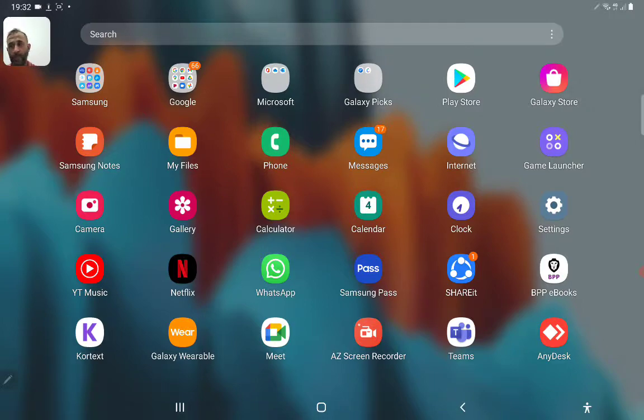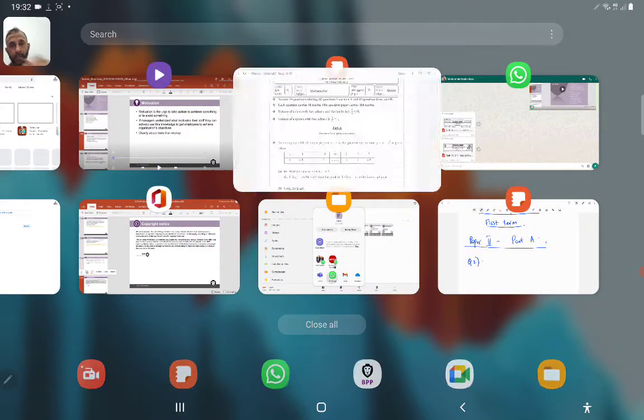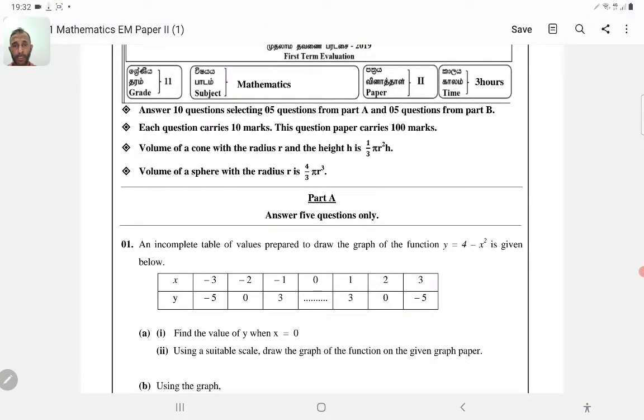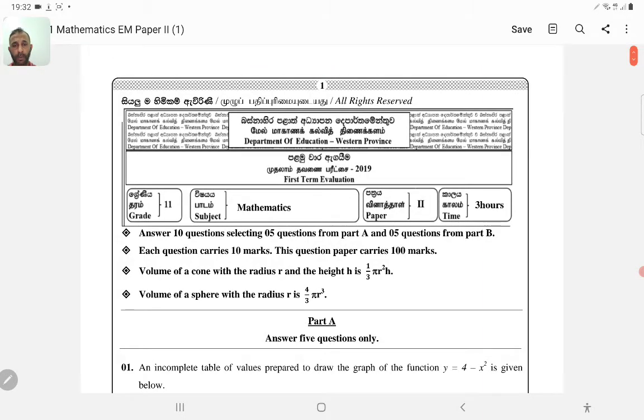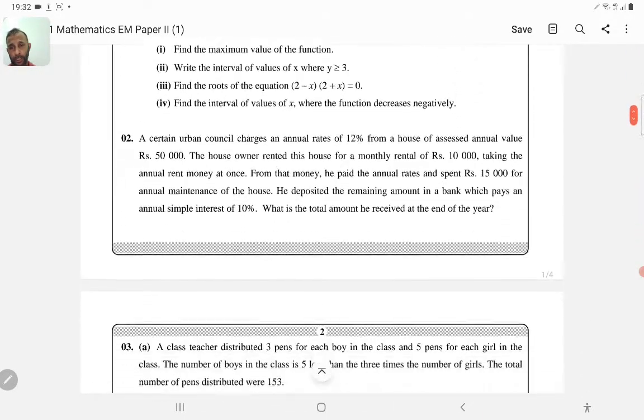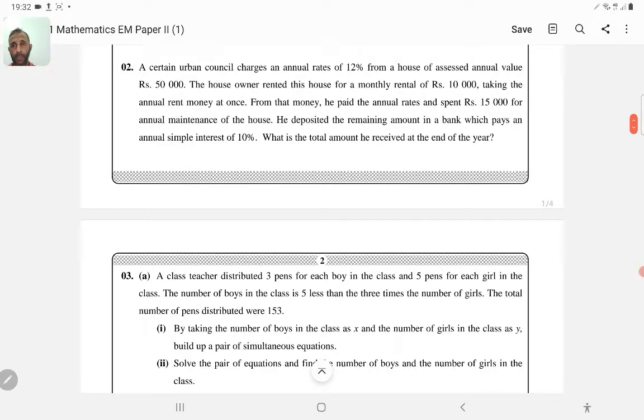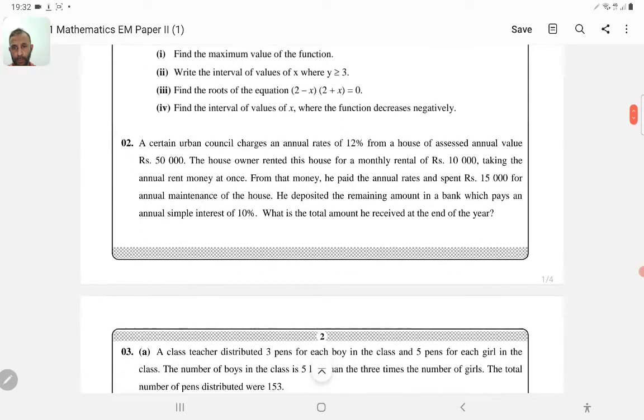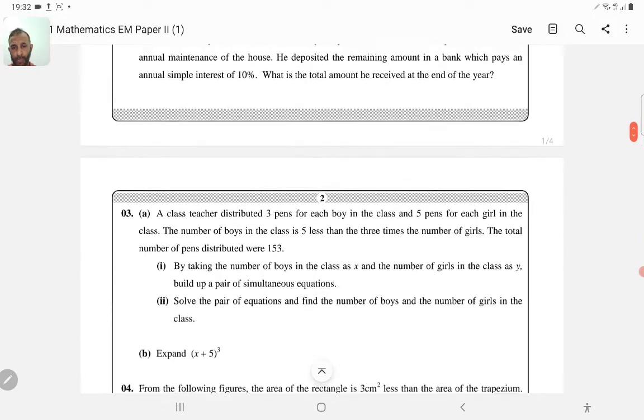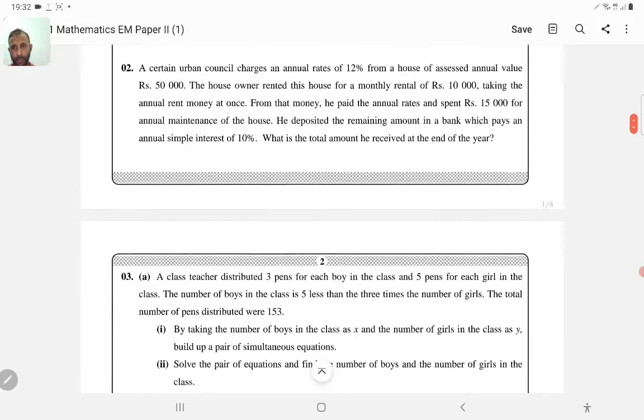Today I'm picking questions from the Western Province first term paper, part A. I would like to discuss question 2 as well as question 3. Let's go through question 2.